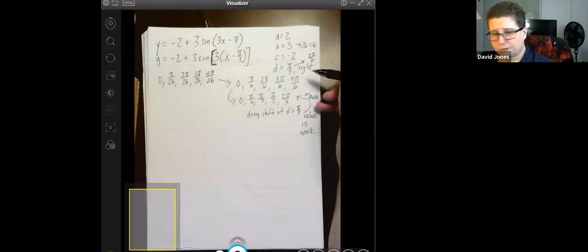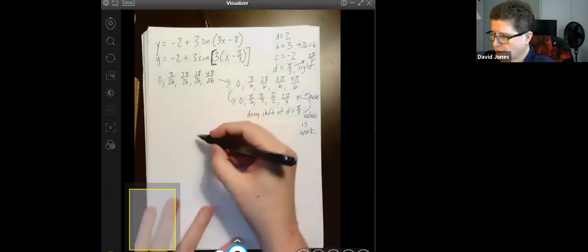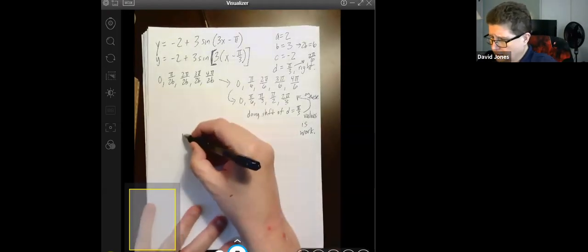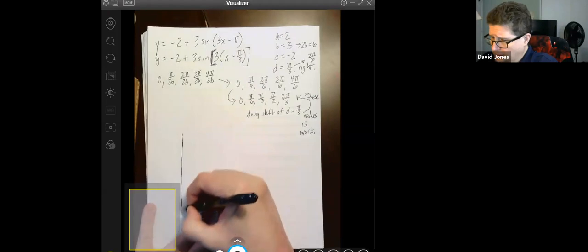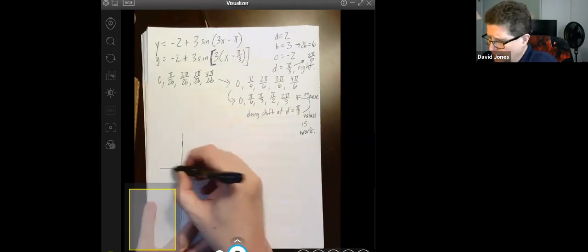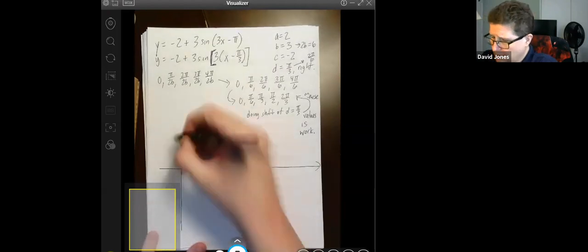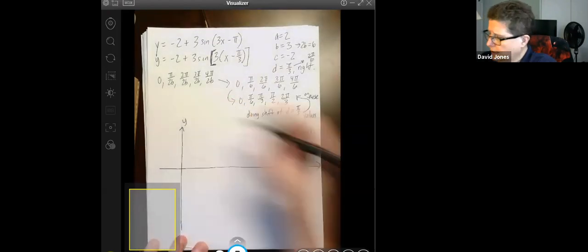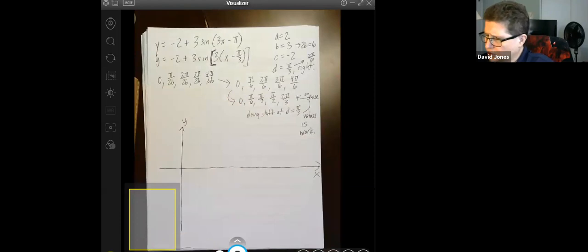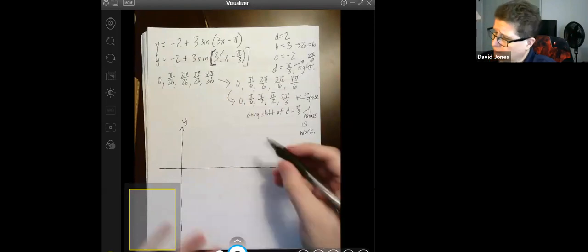I need more room to the right. And I'm going to be shifting down, so I'm going to make my y-axis bigger on the downside. So I'm doing increments of pi over 6.